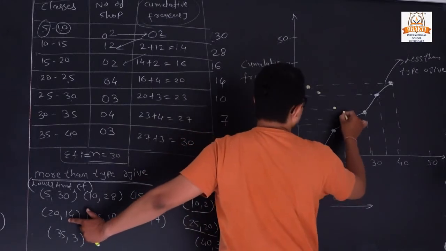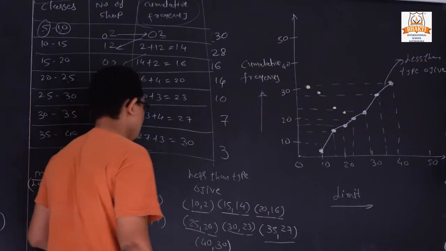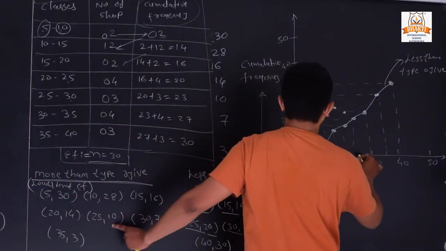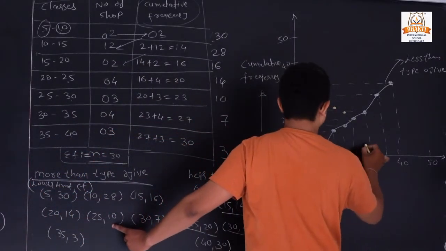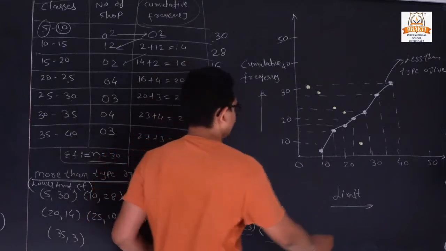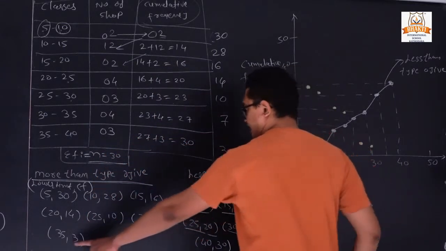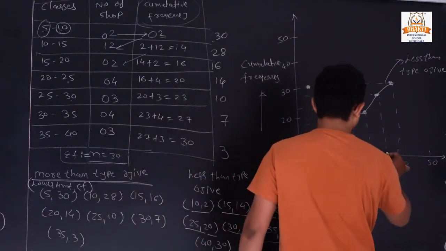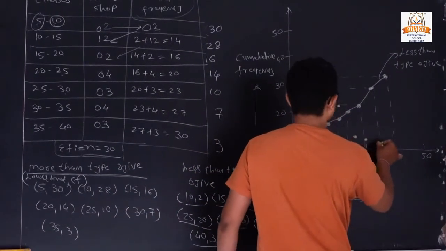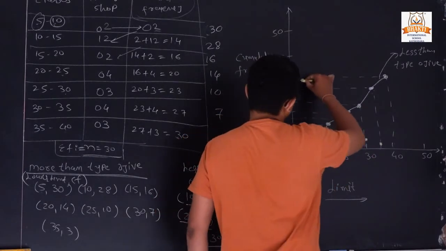Then 25, 10. So it is here. Then 30, 7. Last, 35, 3. So it is here. So the graph is like that pattern.